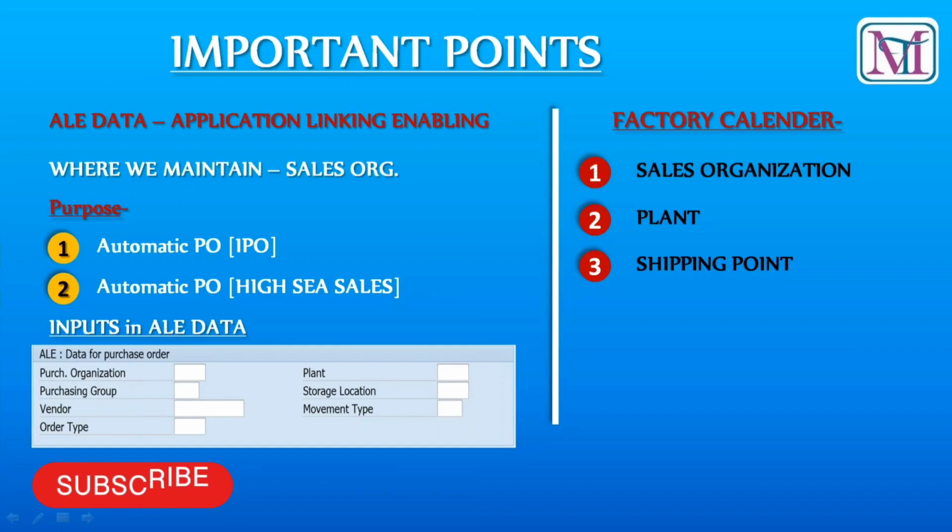So what is the purpose of this? Just remember automatic PO creation. It will help to create automatic PO in IPO, and it will help to create automatic PO in IC sales. IC sales is nothing but the third party process. So just remember the full form of ALE data, where we maintain it, the purpose of this, and what entries we maintain in ALE data.